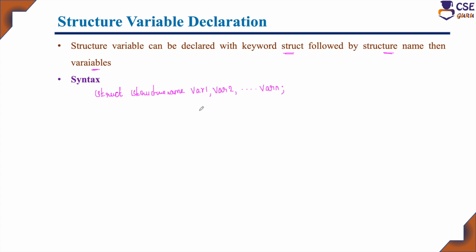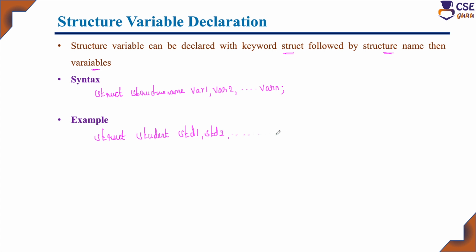So this is a structure variable declaration. For example, struct is the keyword, the structure name is student, and the variables are student1, student2.